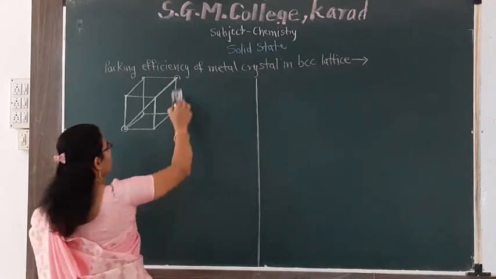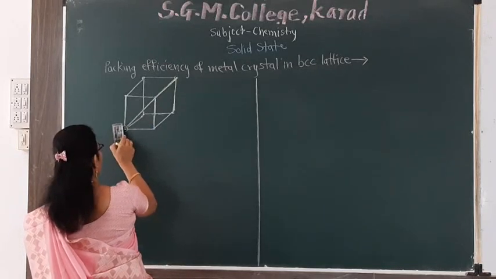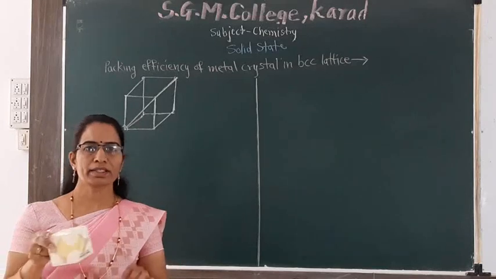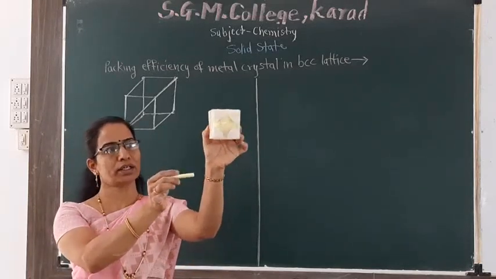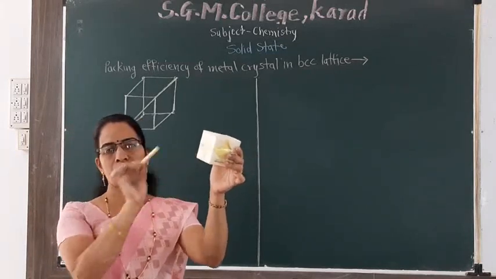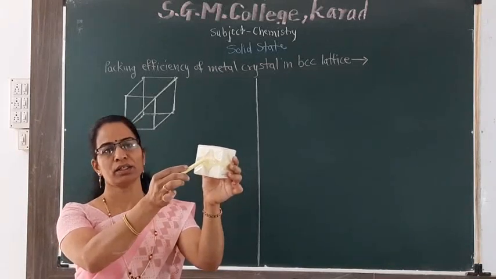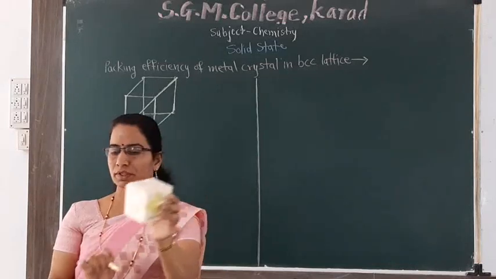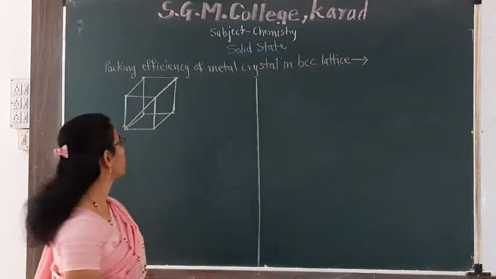Now I will show the particles present on this body diagonal. Again you observe that in body centered cubic lattice, the corner particles are not touching each other. There is a void in between those corner particles. But the corner particles are touching the particle which is present at the center of this body. So I will show that same arrangement on the board.